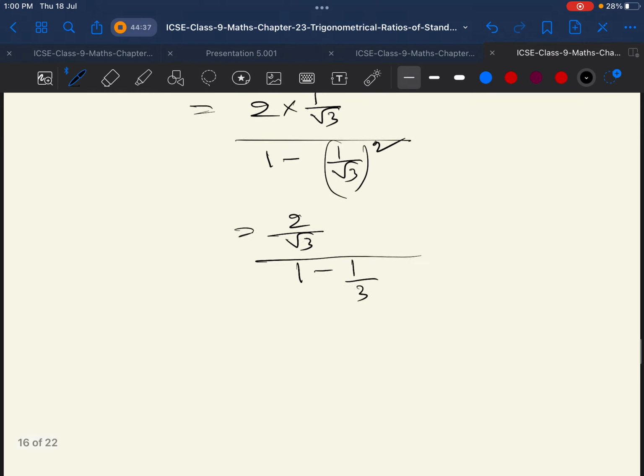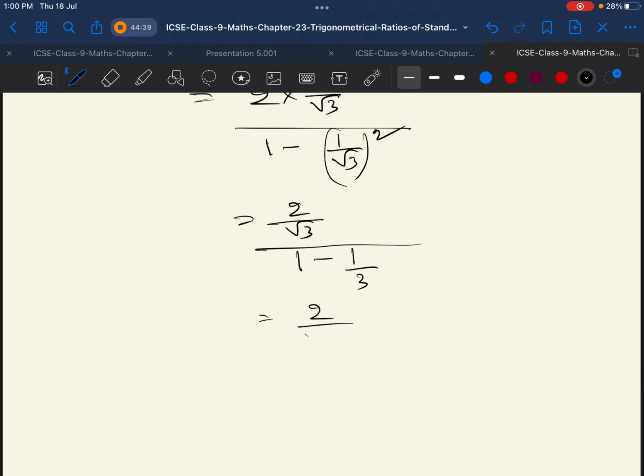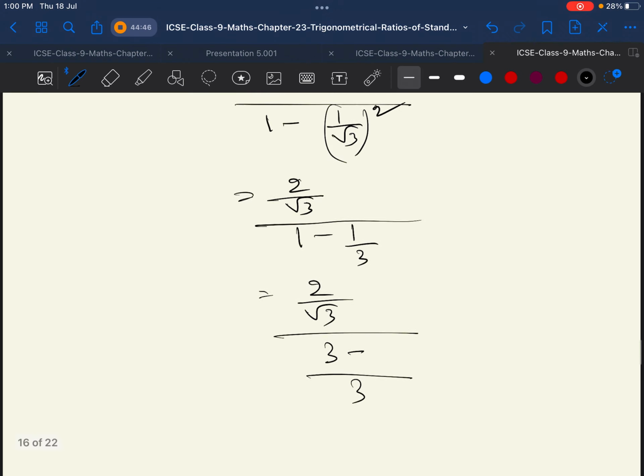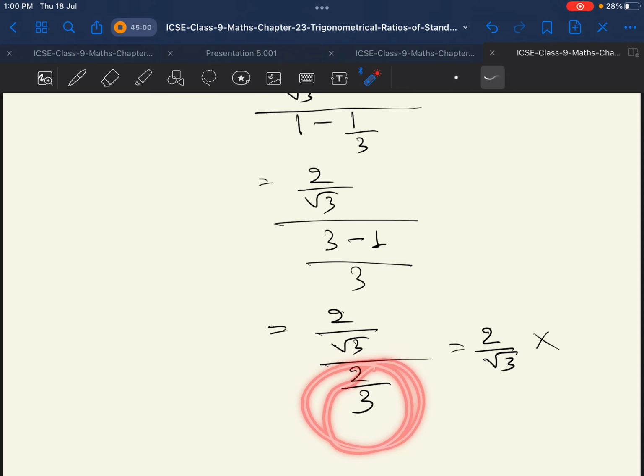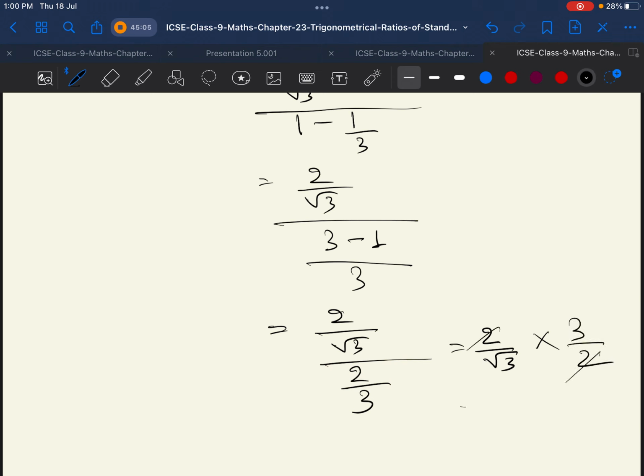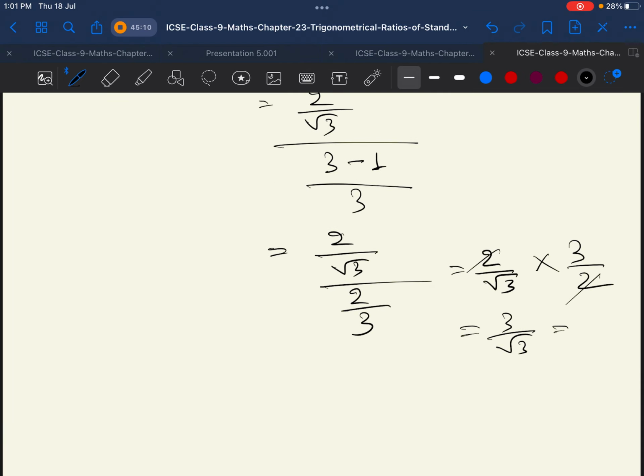1 minus 1 by root 3 square, you can write 1 by 3. So this is 2 by root 3. So LCM is here 3 into 1 is 3 minus 1 by 3. So we can write here 2 by root 3 by 2 by 3. Now this term is changed, then we can write 3 by 2, so 2 cancel, we will have 3 by root 3.